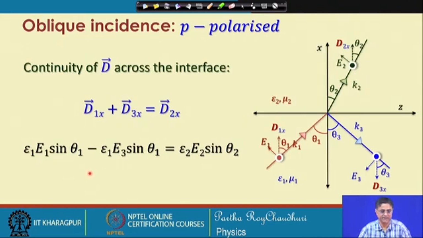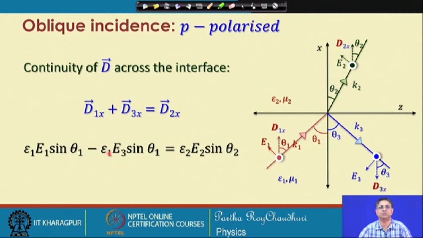Now, we will consider the other continuity condition, that is, for the displacement vector across the interface, the x component, the normal component of the displacement vector, will be continuous, that is D_1x plus D_3x equals D_2x. Now, D_1x will give you epsilon_1 E_1 sin theta_1, and similarly for D_3x we get epsilon_1 E_3 sin theta_1, because epsilon_1 and epsilon_3 are the same.